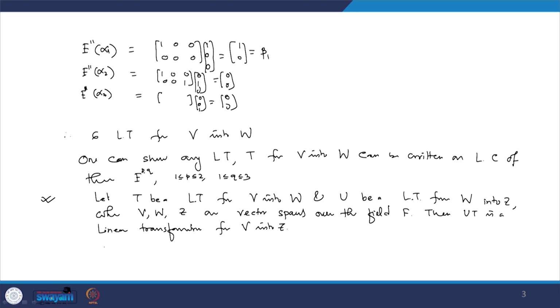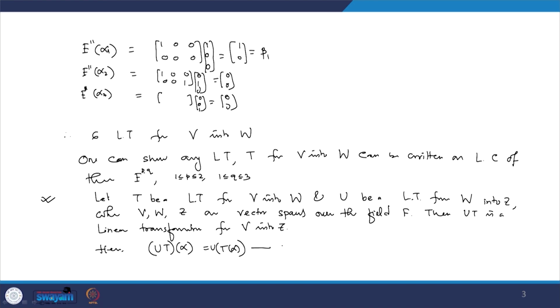How? So, here UT operating on alpha is equal to U of T of alpha, please. So, this is the definition.